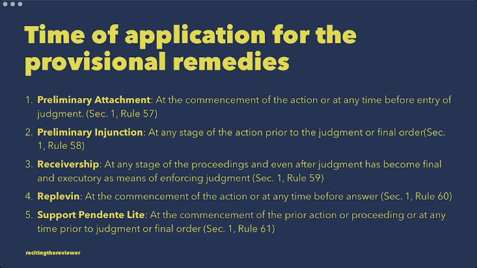Because we are talking about jurisdiction, we are also talking about the time of application for provisional remedies. Usually these are stated in the first section of each rule. In the 5 rules that we will be talking about as provisional remedies, Section 1 of each mentions when the application for the remedy can be had.